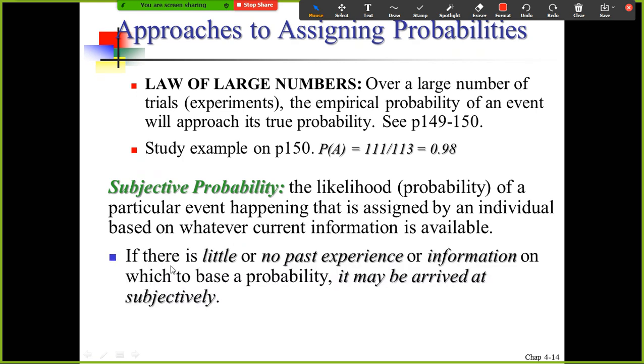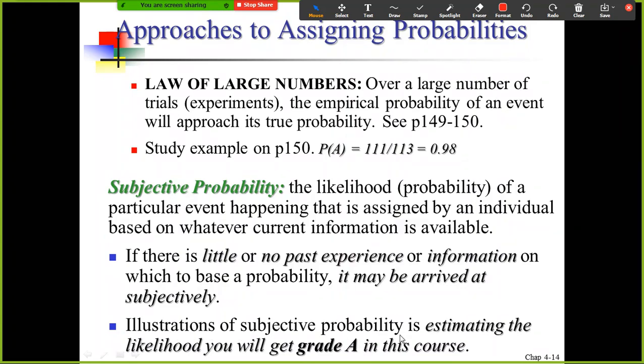If there is little or no past experience, past data or past information on which to base the probability, it may be arrived at subjectively. If we don't have enough past data to calculate the probability, we use subjective probability, because it is based on current information available.